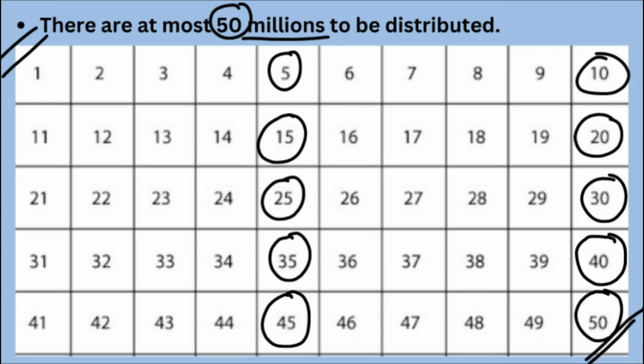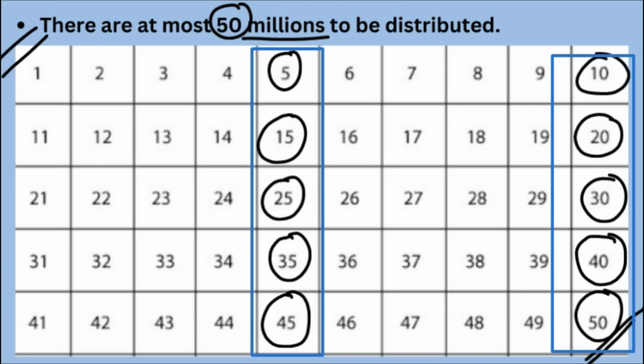So these two columns qualify to be the answer, meaning any one of these numbers could be the value of x.